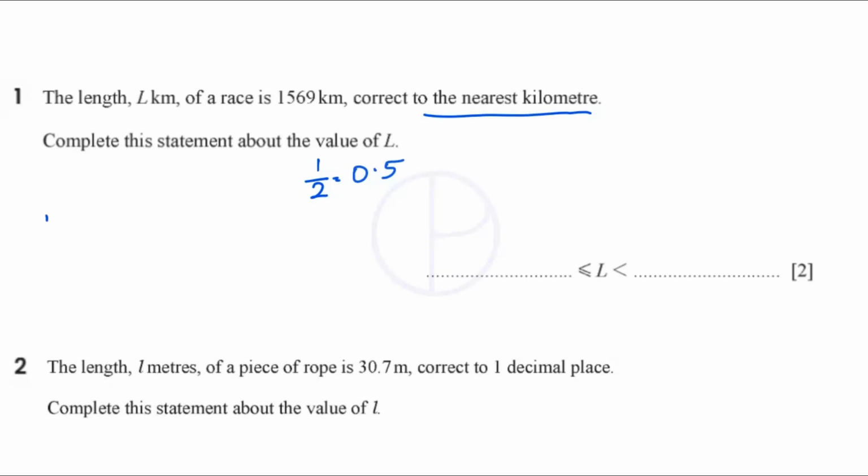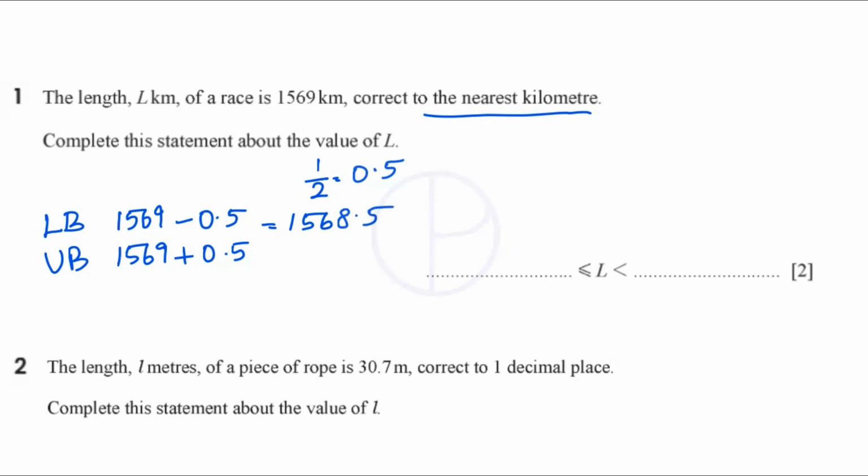So the lower bound is 1569 minus 0.5 and upper bound is 1569 plus 0.5, and this is 1568.5 and 1569.5. So first we need to write the lower bound: 1568.5 less than or equal to L less than 1569.5.